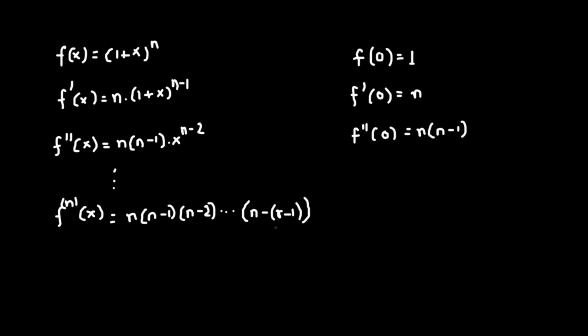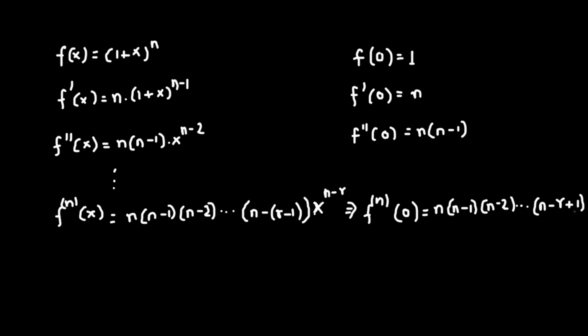Such that the rth derivative of f calculated at 0 would be simply equal to n times n minus 1 times n minus 2, all the way up to n minus r plus 1.